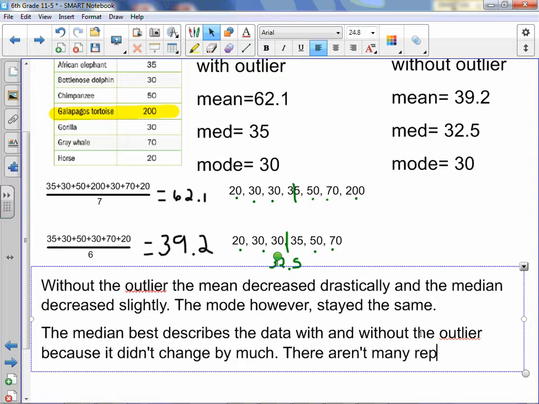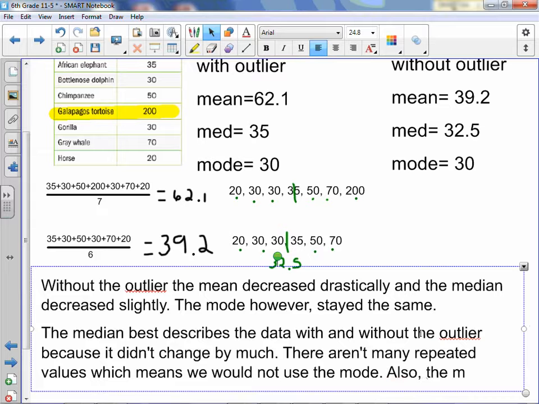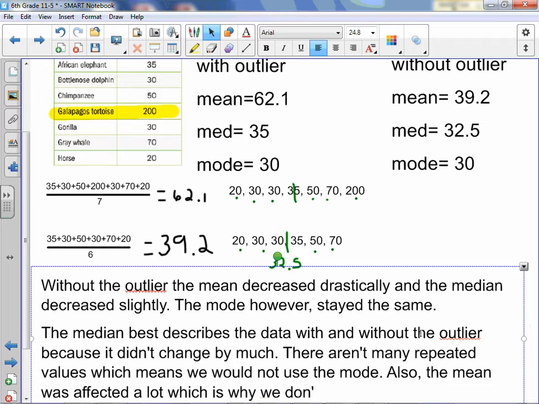There aren't many repeated values, which means we would not use the mode. Also, the mean was affected a lot, which is why we don't use the mean.